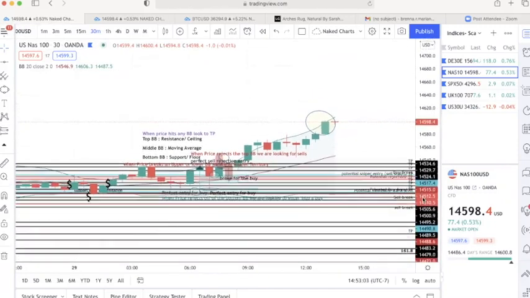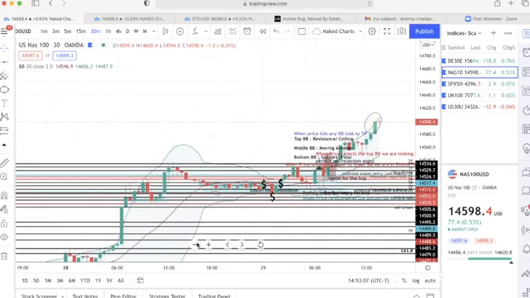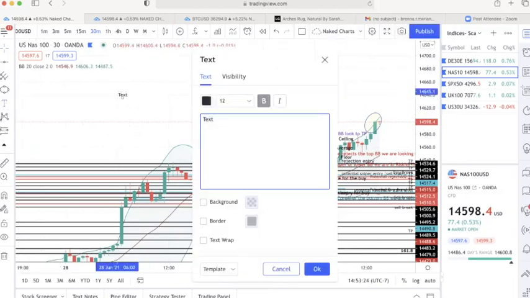So the higher the time frame that price is broken out of the Bollinger Band, the stronger the move, the stronger the probability. Here, let me type this out.